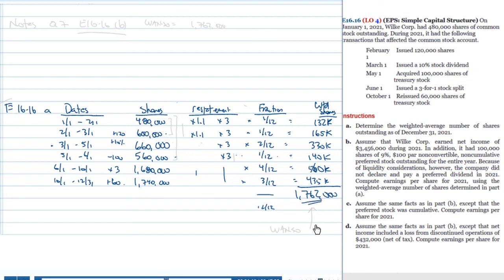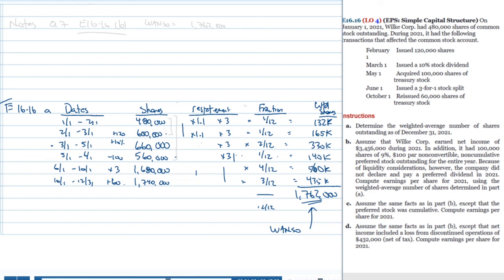So this is our WANSO that is adjusted for the 10% stock dividend and the 3-for-1 stock split. So everything prior to those events gets adjusted upward.